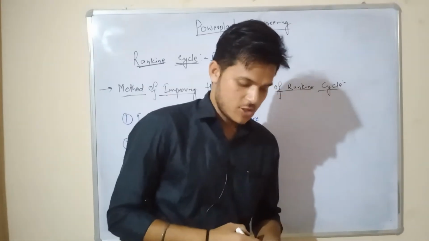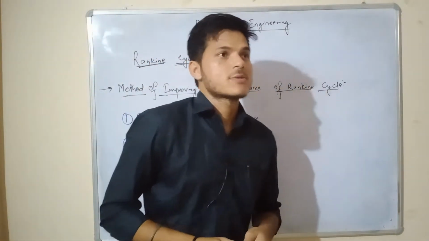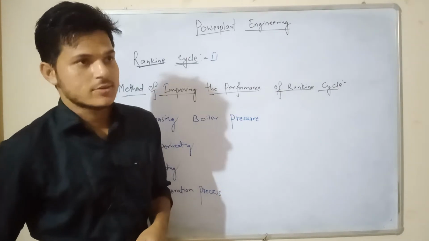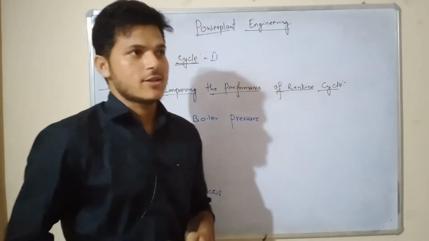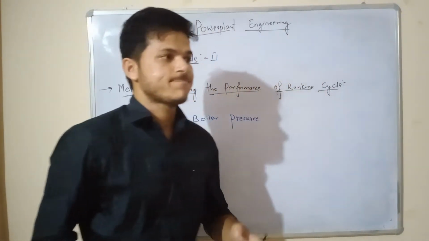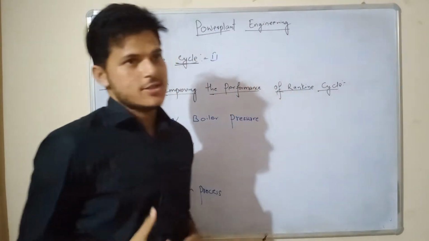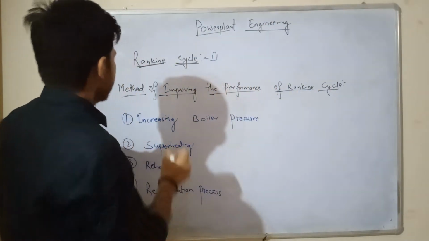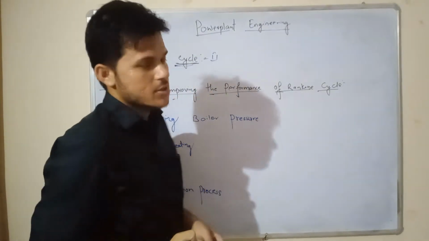What is the role of the specific steam consumption rate in a power plant? And next, the Carnot vapor power cycle, then the simple Rankine cycle, the comparison of Rankine cycles, and the analysis of the Rankine cycle. We have done those topics in the last classes, but today our topic is methods of improving the performance of a Rankine cycle.